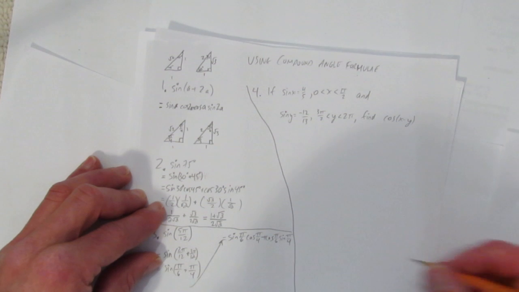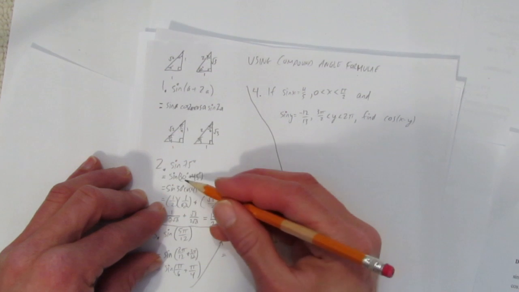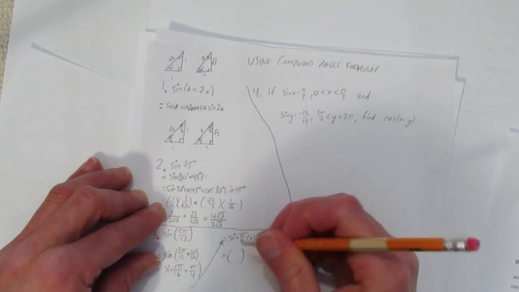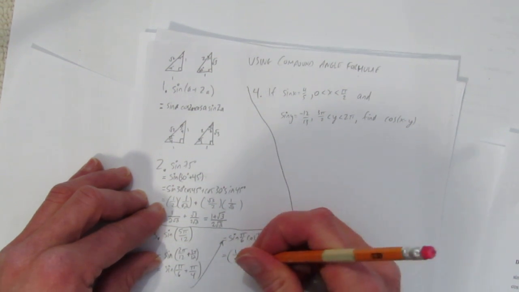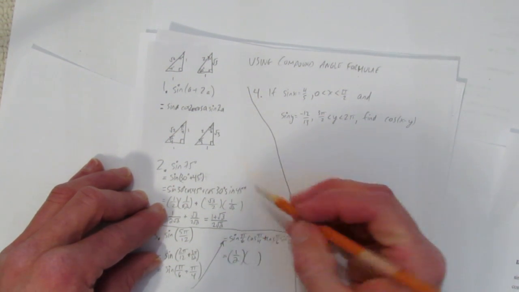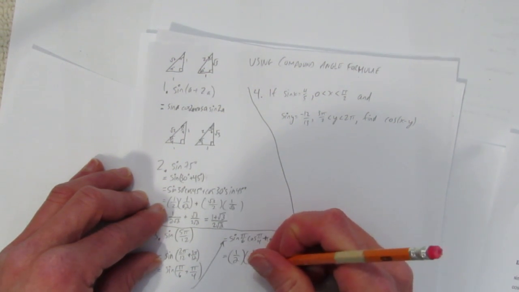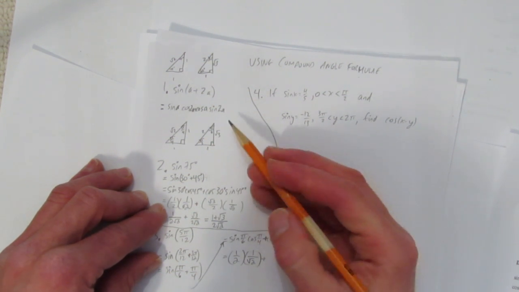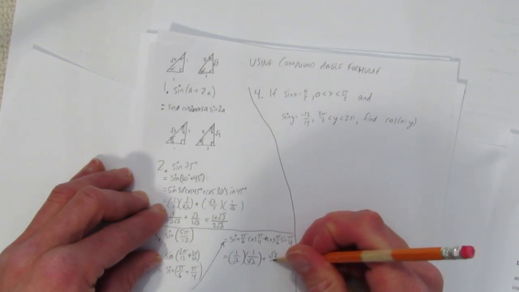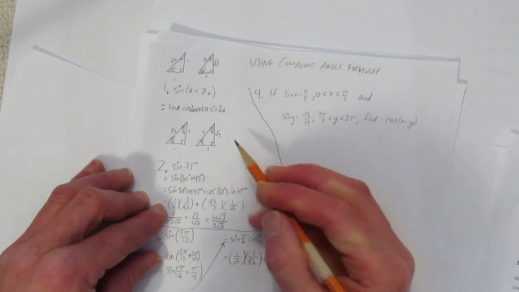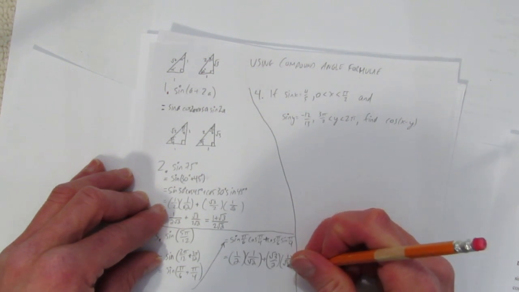You don't need brackets when you've got the words cos and sine there, but I'm going to need them now when it's numbers. So what's the sine of pi over 6? It's the same question as question 2, so I already know, but let's check. Pi over 6, sine is opposite over hypotenuse, that's 1 over 2. Cosine of pi over 4 is adjacent over hypotenuse, it's 1 over 2, plus cosine of pi over 6, that's root 3 over 2, and sine of pi over 4, opposite over hypotenuse.